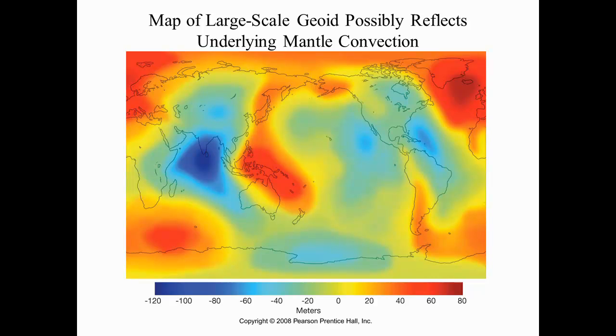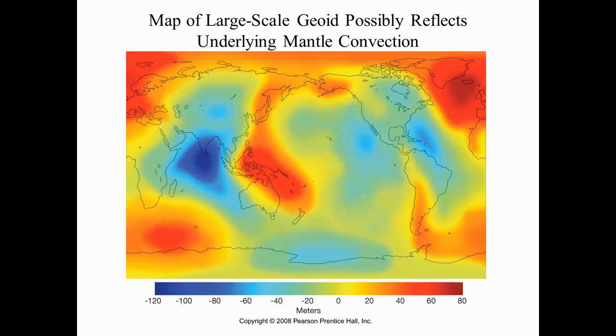And the reds and the oranges are places where the geoid occurs higher than the perfect spheroid. In other words, the geoid pops up above the spheroid. The blues and the greens are places where the geoid occurs below the perfect spheroid. It's pulled down below the spheroid.